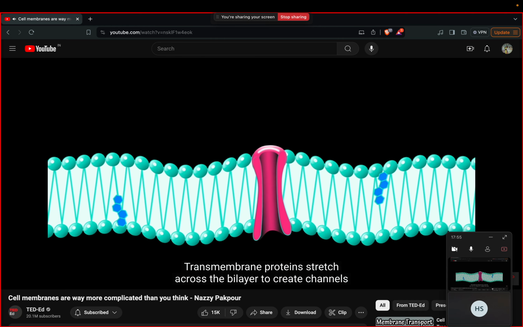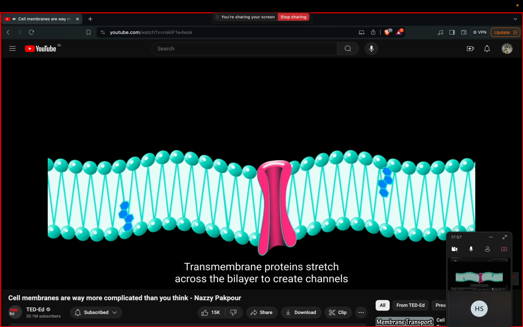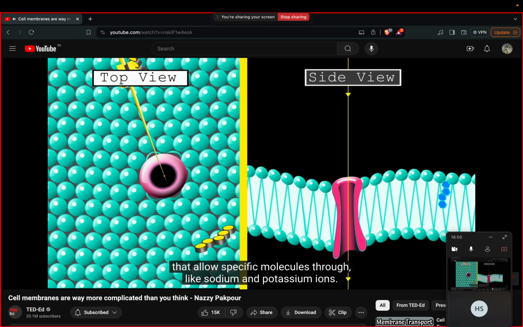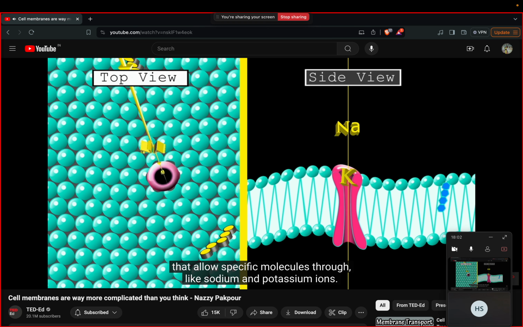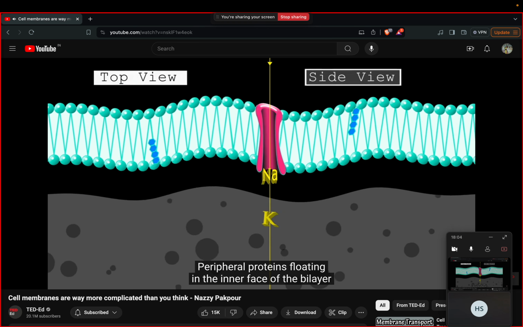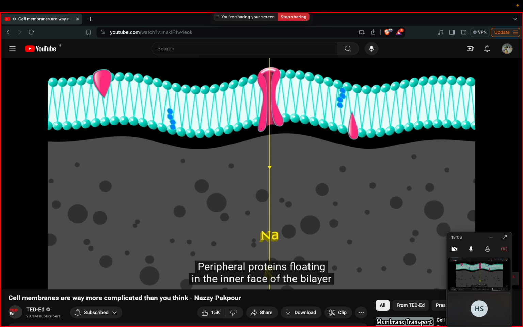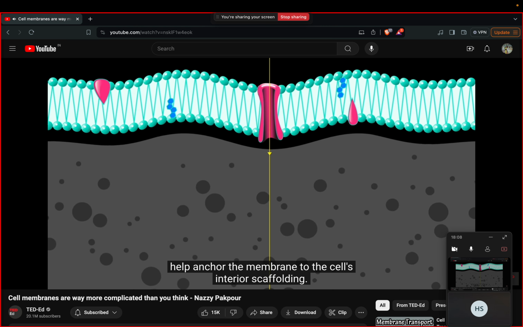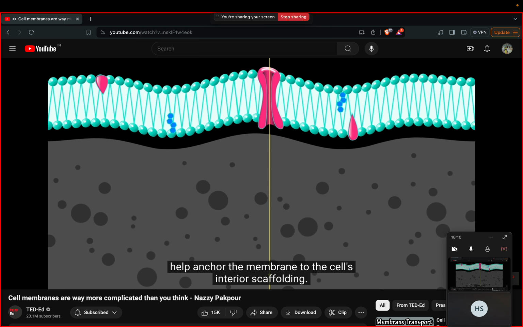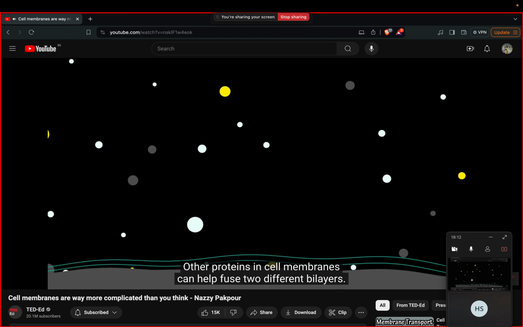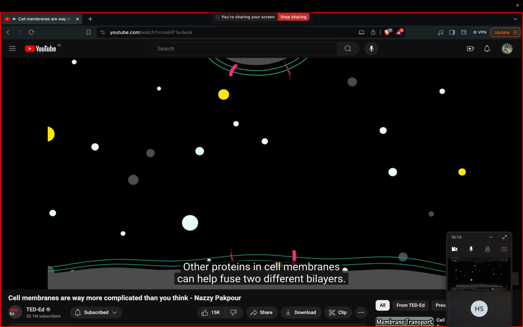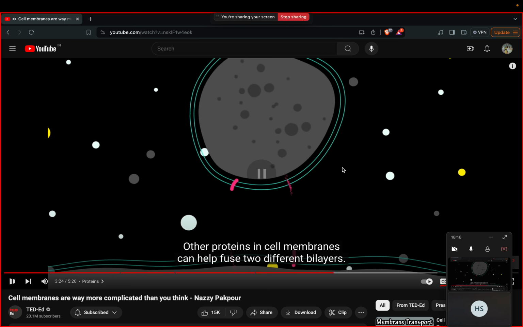Transmembrane proteins stretch across the bilayer to create channels that allow specific molecules through, like sodium and potassium ions. Peripheral proteins floating in the inner face of the bilayer help anchor the membrane to the cell's interior scaffolding. Other proteins in cell membranes can help fuse two different bilayers.